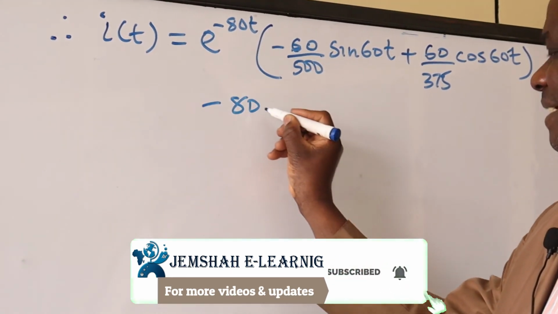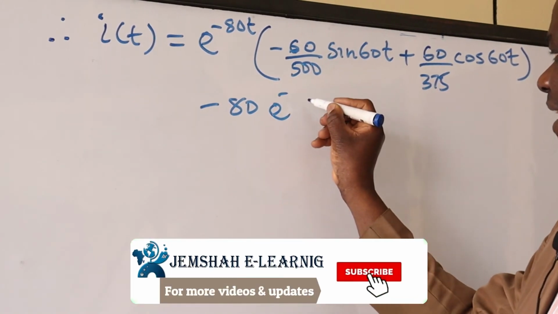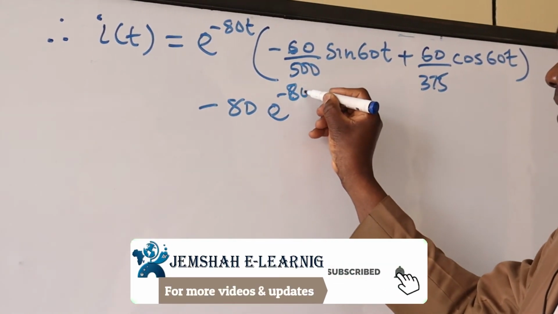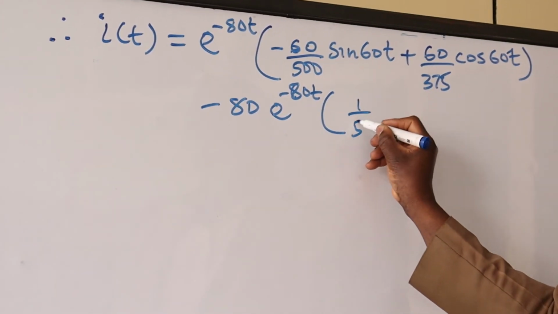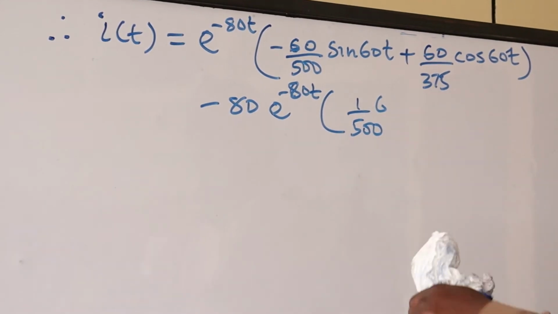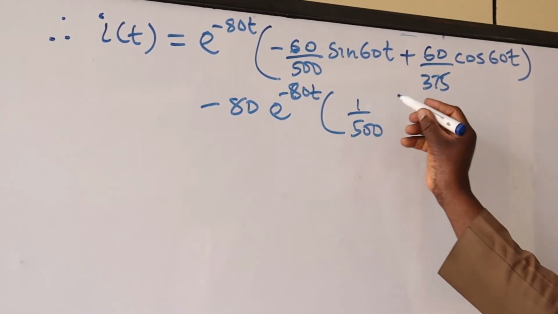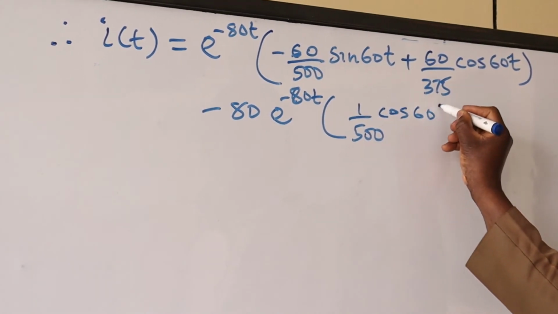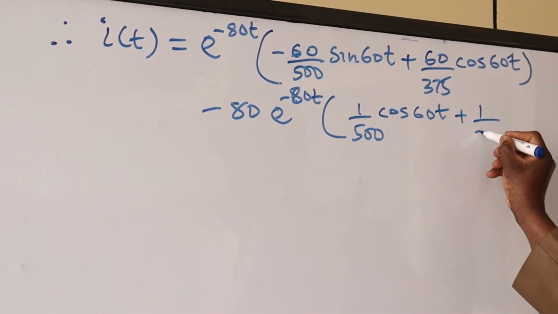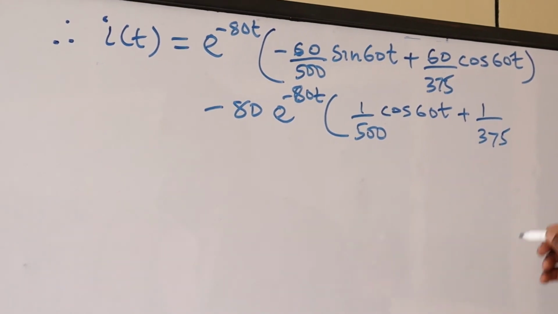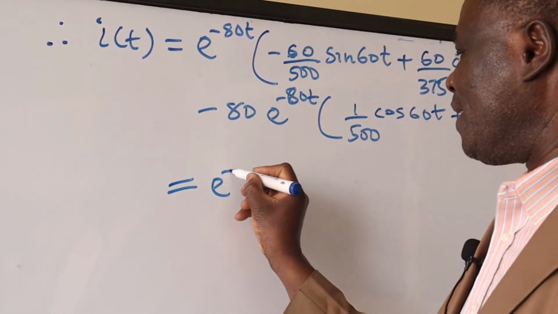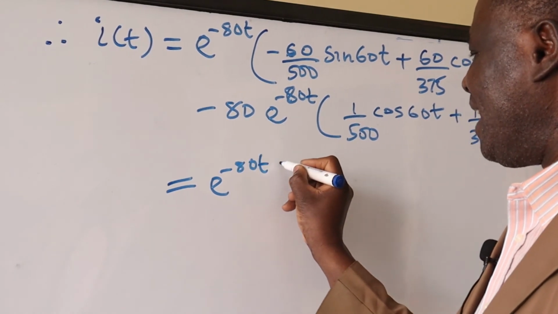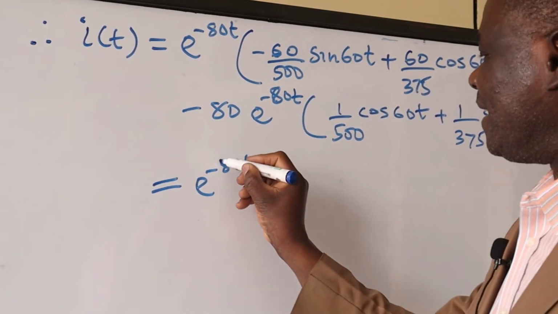minus 80 e power minus 80t into a, 1 all over 500 cos 60t, plus 1 all over 375 sine 60t, which is equal to exponential negative 80t.